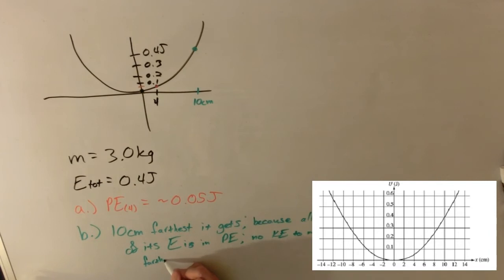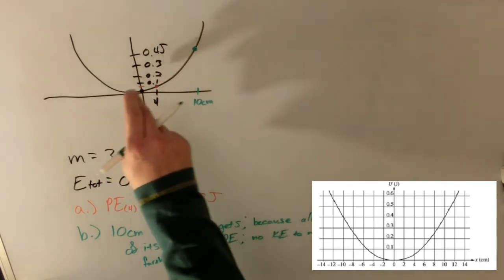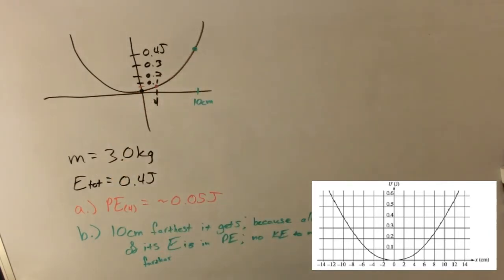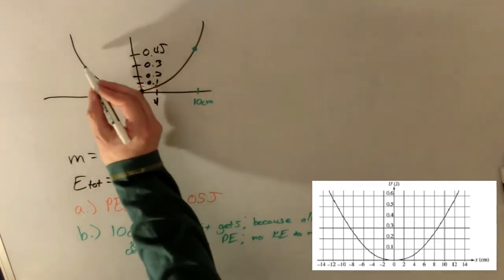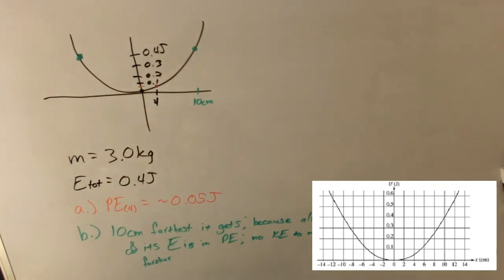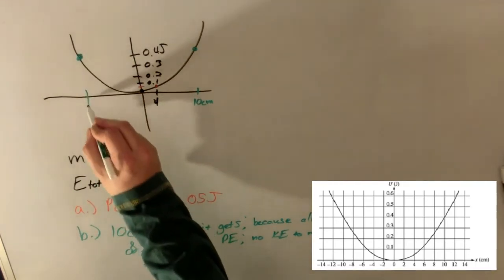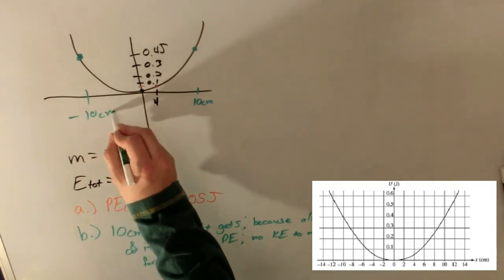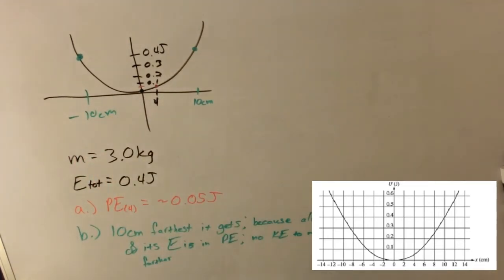It ends up falling back down the graph towards the middle, and it's going to go back and forth, back and forth. In fact, because 0.4 joules is its total energy, it'll come out to here, which corresponds to, surprise, surprise, negative 10 centimeters. So our amplitude for our simple harmonic motion is 10 centimeters, because that's the furthest out it goes.